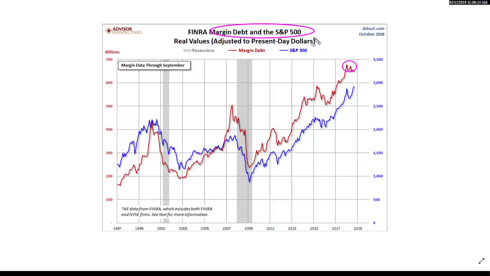So margin debt, for those not familiar: you go to your broker, when you have a brokerage account, a margin account, you can borrow against the value of your securities. A lot of investors or traders will use margin. Some use it for active trading. Some will just leverage up their account.